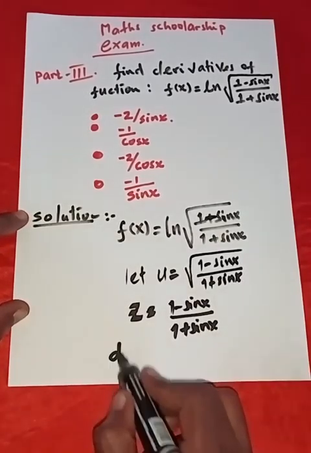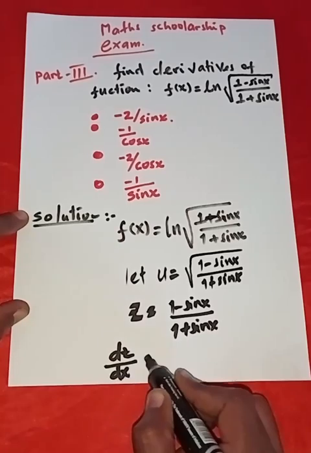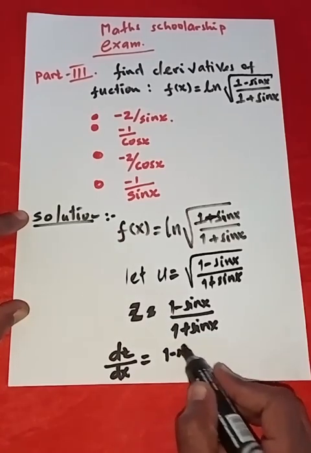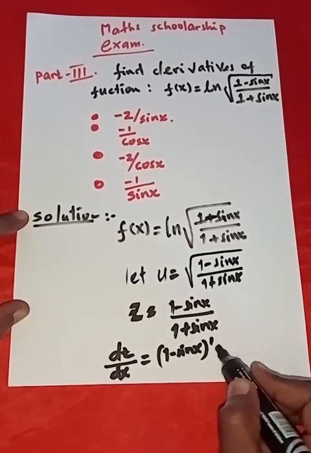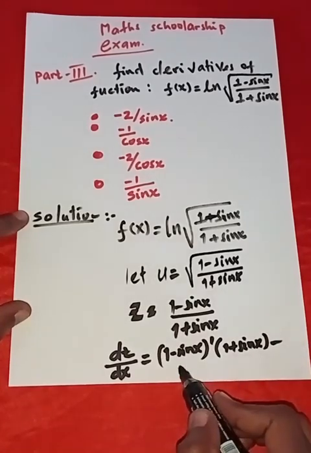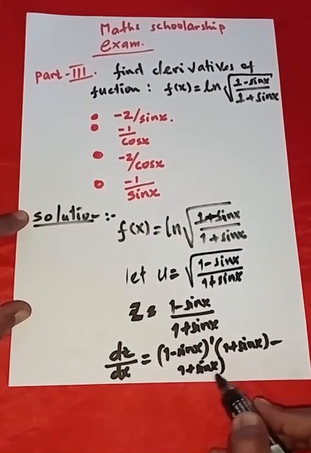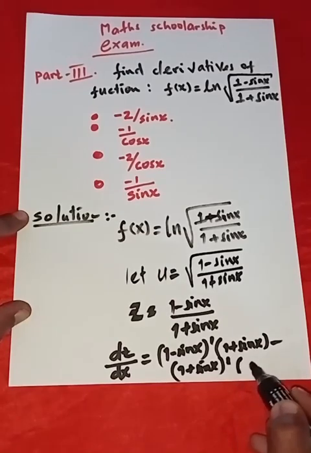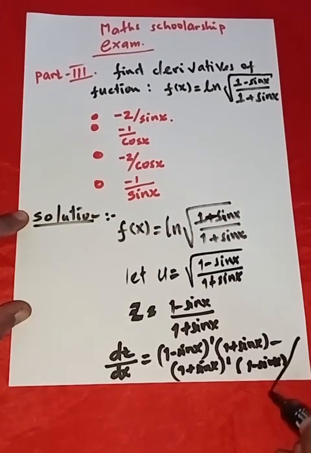So dz over dx equals the derivative of 1 minus sine x times 1 plus sine x, minus the derivative of 1 plus sine x times 1 minus sine x, over 1 plus sine x the whole square.